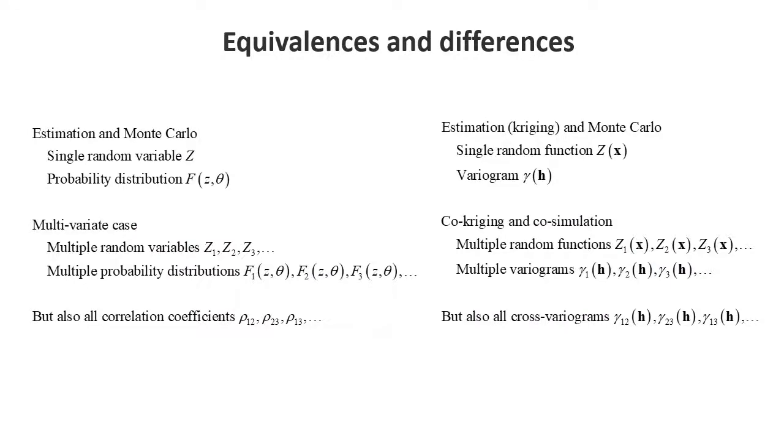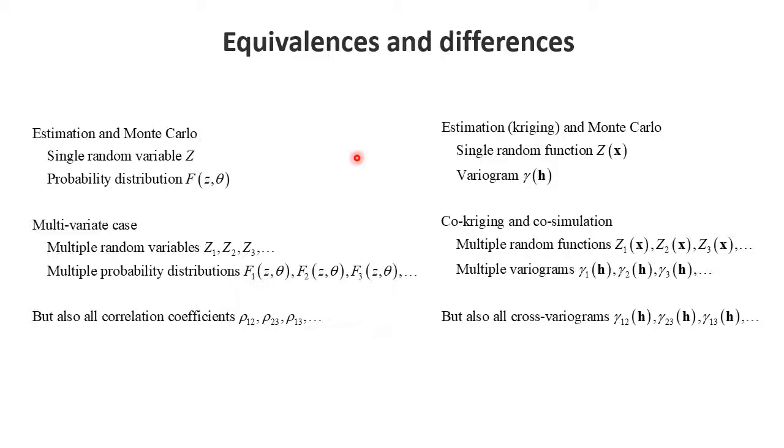So let's again revisit the equivalences and differences with univariate versus spatial. This is something we'd also see when we look at Gaussian simulation or stochastic simulation in one variable. In a univariate case, we have a single random variable, and we have a probability distribution that models the uncertainty on that particular variable. In the multivariate case, we would have multiple random variables.